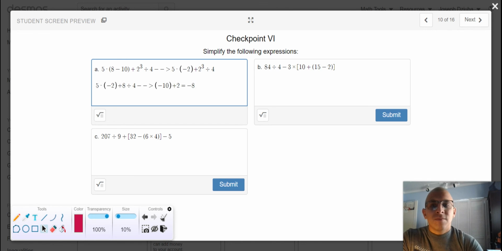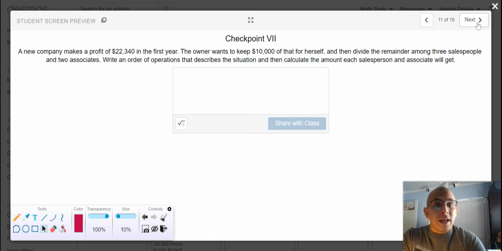That is negative 8. So please make your way through B and C, performing the order of operations in the manner you see fit. And if they become tricky or you're unsure, we can definitely have a conversation regarding those in class.